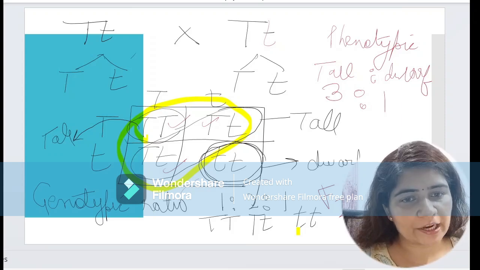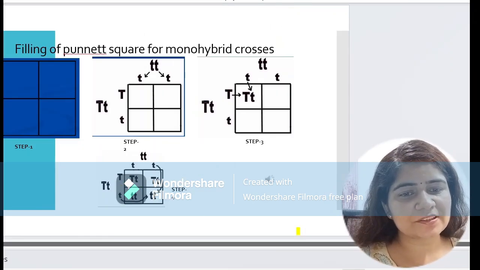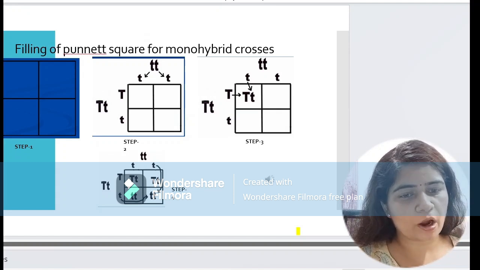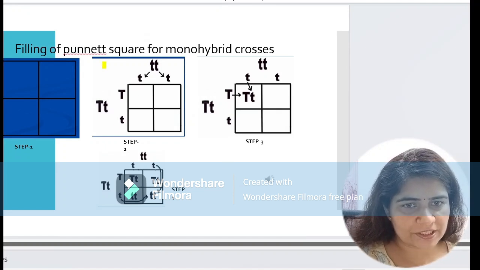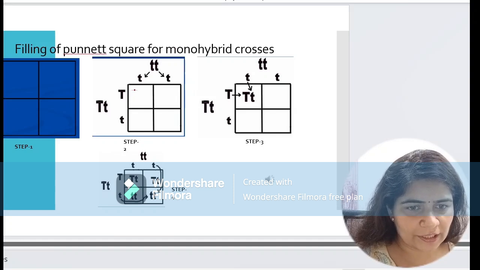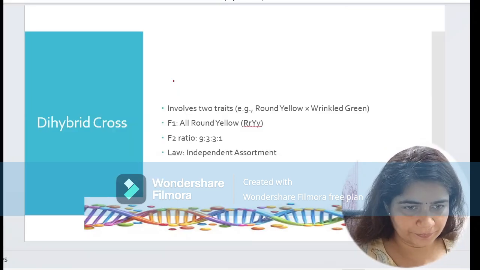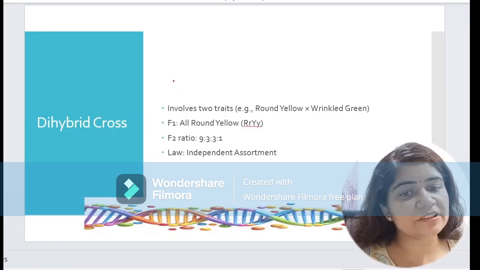Here you can see me highlighting all the tall generations in the phenotypic ratio. In the same way there's another cross between capital T small t and small t. So we see separation of gametes. The gametes get separated. This is the law of segregation, and you can fill up this Punnett square.